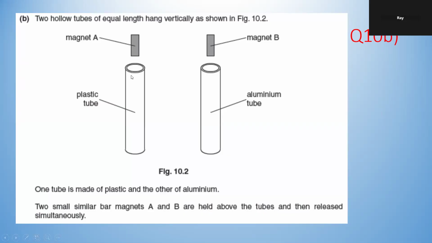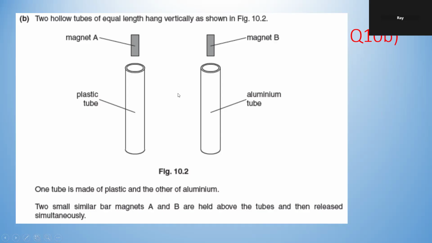Basically, this is a non-conductor, so there is no induced current. As the field of the magnet starts to change across the aluminum tube, there's induced EMF. So induced current flows in such a way that it has an opposing field. So the magnet is decelerated.